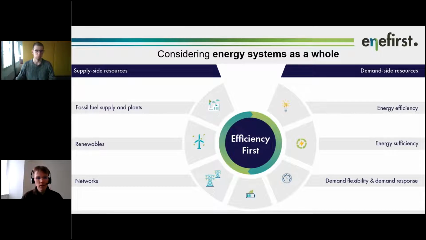So if you need to prepare your energy planning in particular, not considering only the development of new generation capacities or new network capacity, but also thinking about what can be done to use energy more efficiently and to reduce the demand for energy.